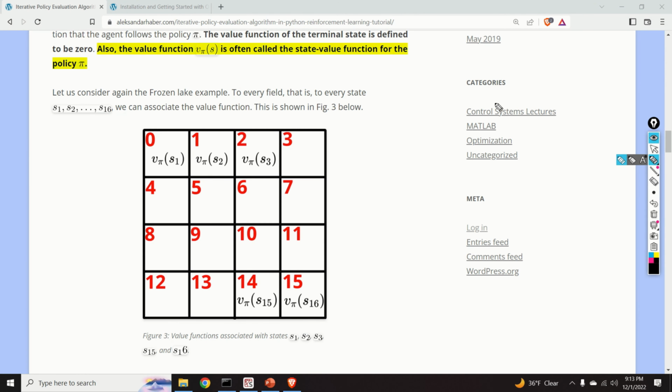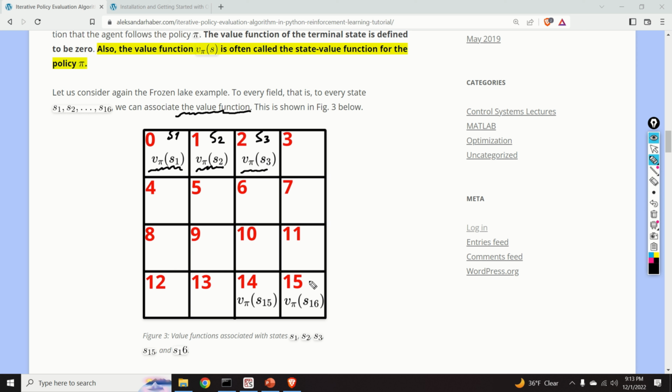Let us go back to the Frozen Lake example. To every field, that is to every state, S1, S2 until S16, we can associate the corresponding value function. Here is the value function of the state S1. Here is the value function of the state S2. Here is the value function of the state S3.